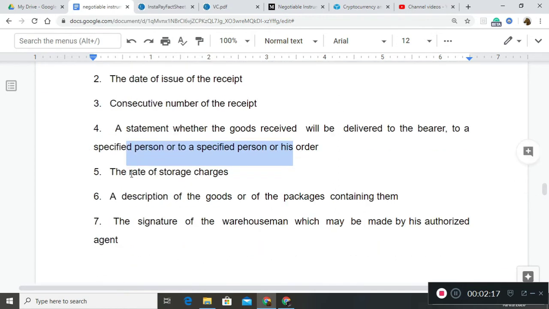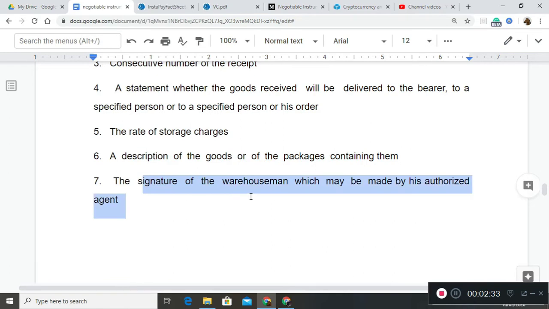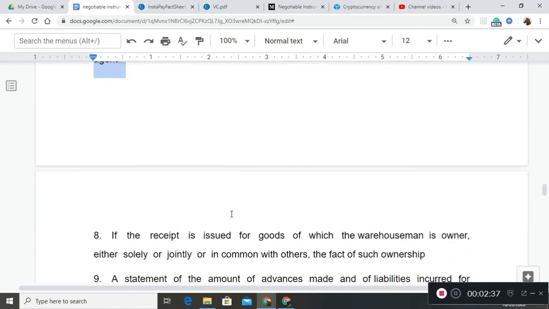Of course, the rate of storage charges for the revenue generating activity of the warehouseman, a good description of the goods or the packages containing them, and the signature of the warehouseman, which may be made by his authorized agent.